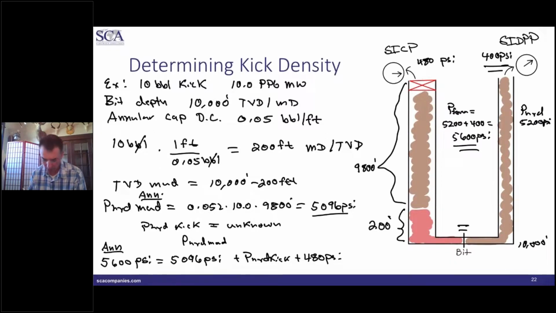I end up with the hydrostatic pressure of my kick equals 24 psi. Okay, and if I know that the kick is equal to 200 feet high, I have 24 psi equals 0.052 times the density of the kick, and I'm going to call that equivalent mud weight here, EMW, times 200 feet.